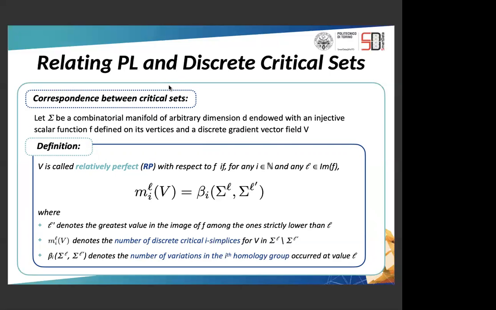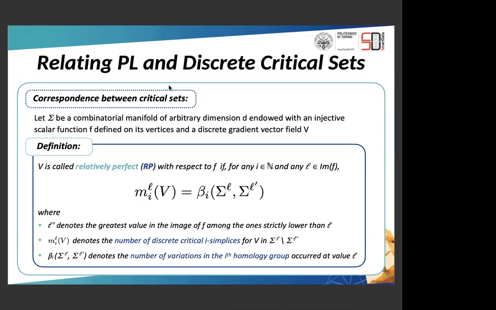This relative perfectness condition is realized when the number of critical i-simplexes for a certain function value coincides with the number of variations in the i-th homology group occurring at the same function value.